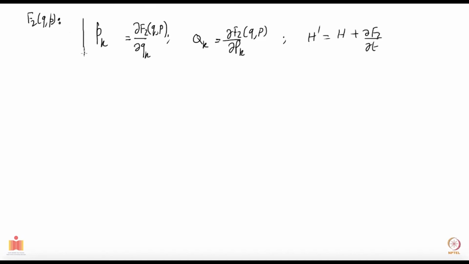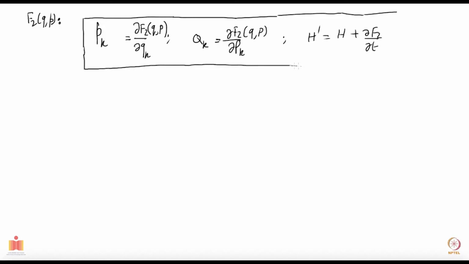So this is the second kind of generating function, which involves the generating function to be a function of old q and new P. And the first kind involved a generating function of old q and new Q. These are two different generating functions.